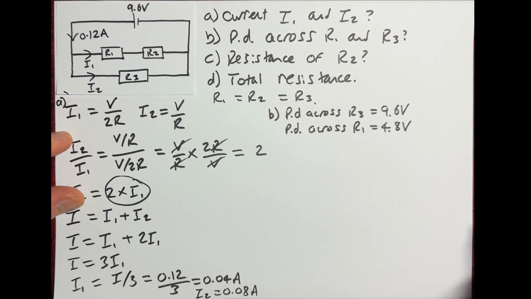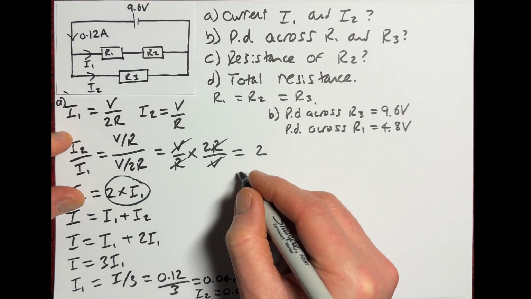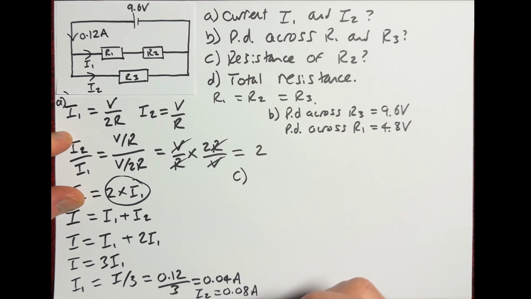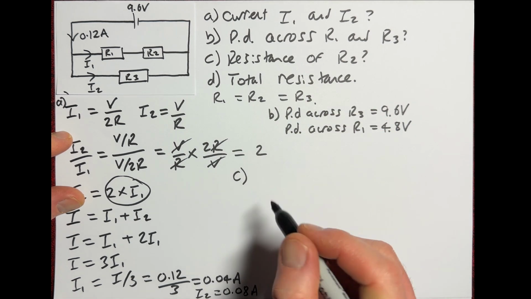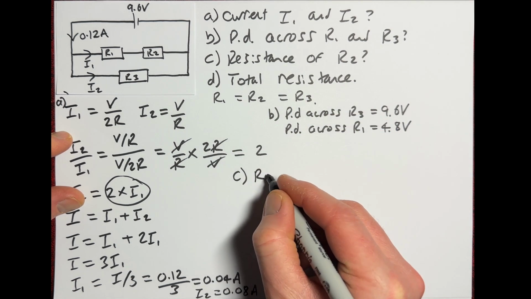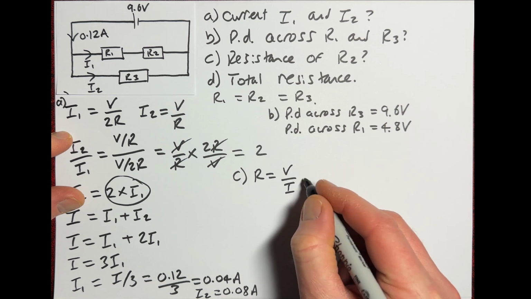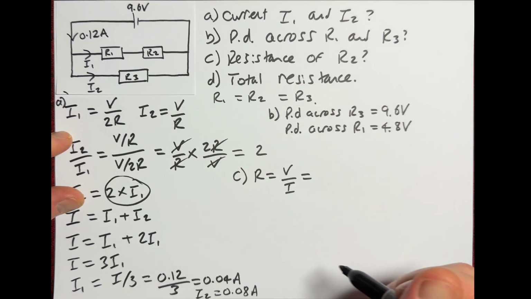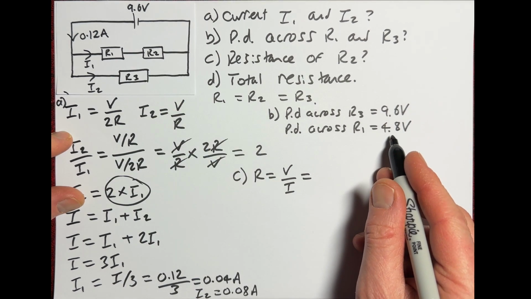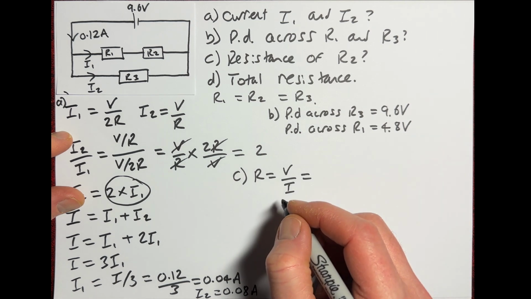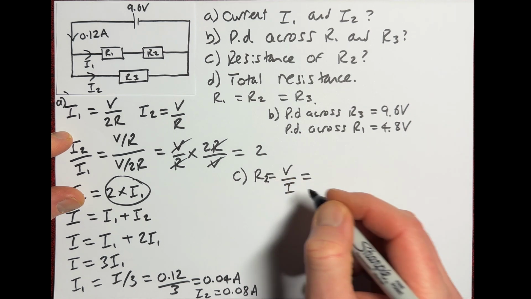Okay, now if we look at part C then, the resistance of R2. Now to work that out, we're going to use the equation R equals V over I. We know that the voltage across R2 here is going to be the same as the voltage across R1. Okay, so I suppose that should be R2.